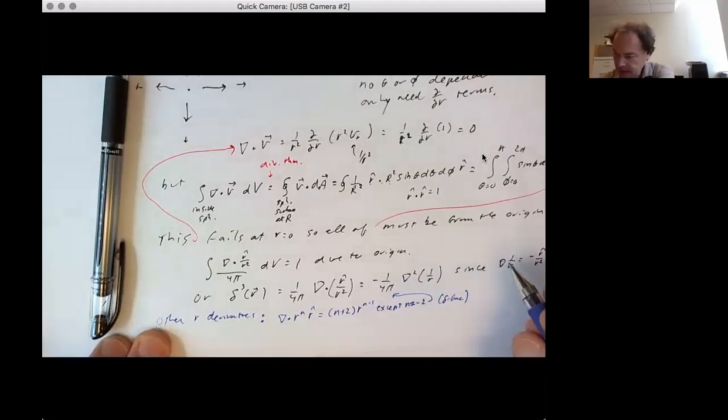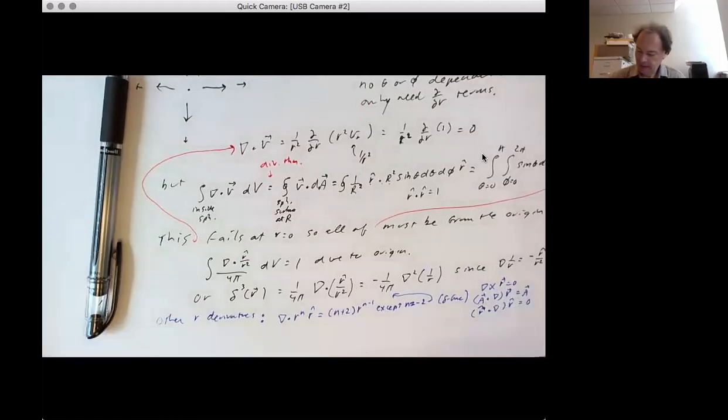And other things you should know: del cross r equals 0, a dot gradient of r is equal to a. Now to make something complicated, if it's simple, you can do it that way. R hat dot gradient of r hat is equal to 0.